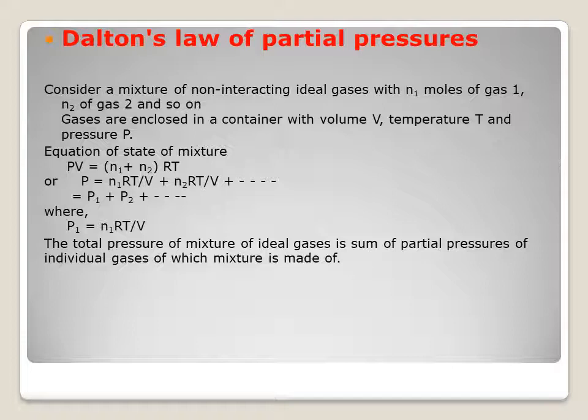The total pressure of a mixture of ideal gases is the sum of partial pressures of the individual gases of which the mixture is made up. So, Dalton's law of partial pressure is: if two or more gases which do not react chemically are enclosed in a vessel, the total pressure exerted by the gaseous mixture is equal to the sum of all the partial pressures that each gas would exert when present alone in the same vessel at the same temperature.